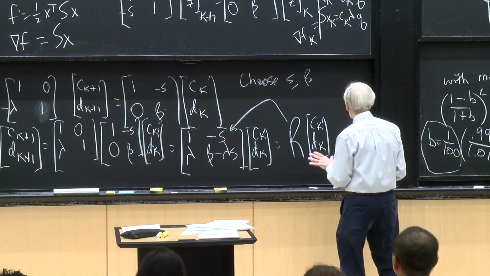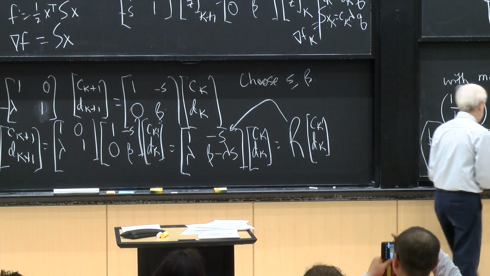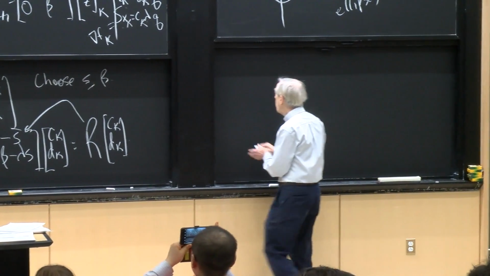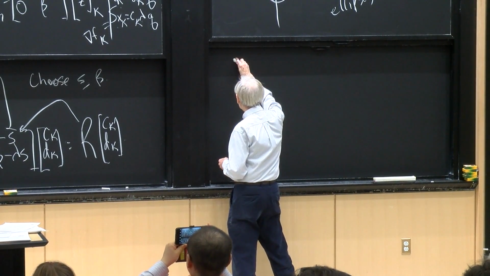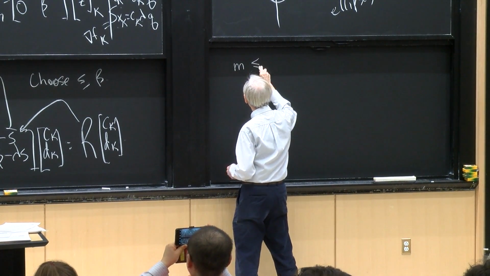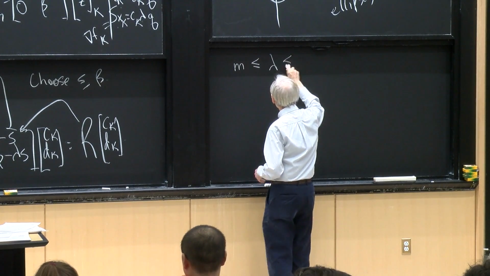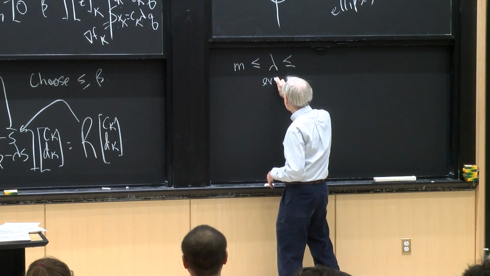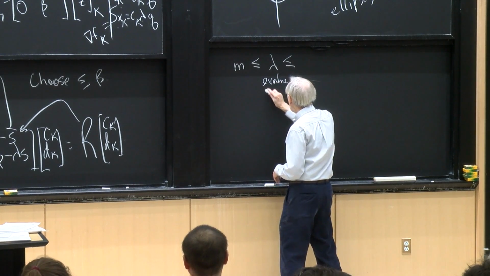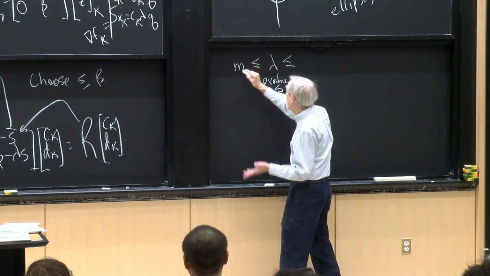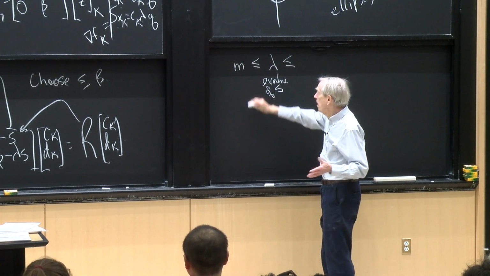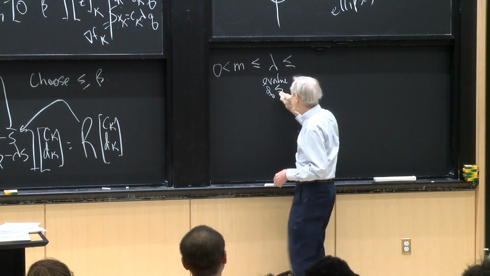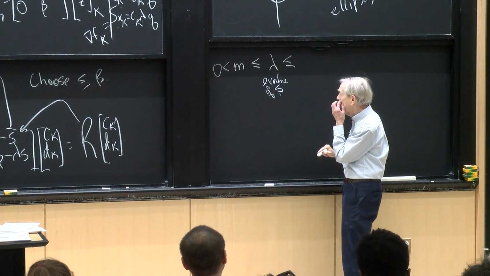So now here we really go. We have lambda between some m and M. These are the eigenvalues of S. And what's reasonable to know is a lower bound and an upper bound, since this is a symmetric positive definite matrix.